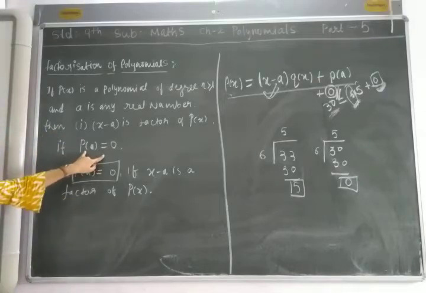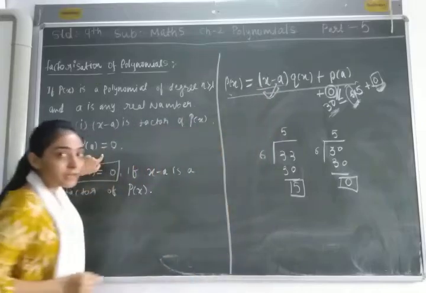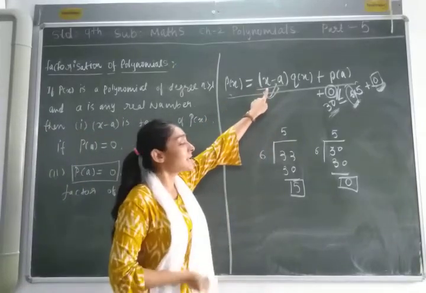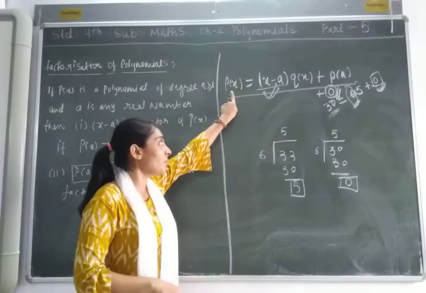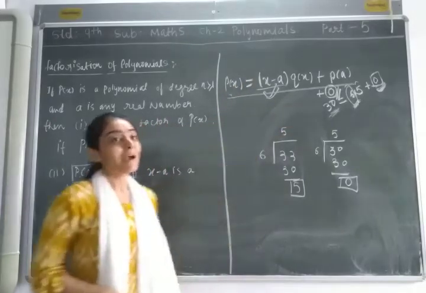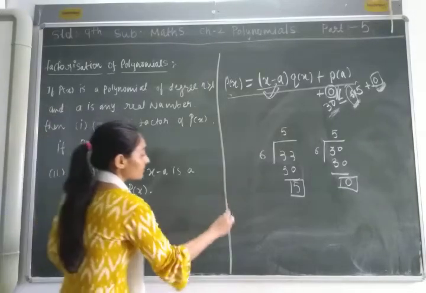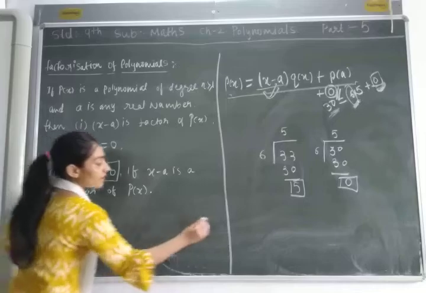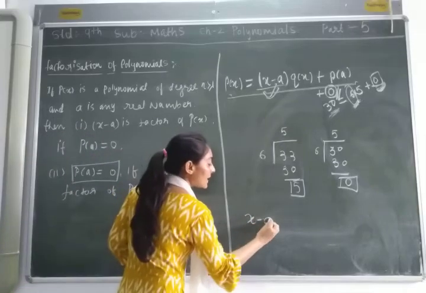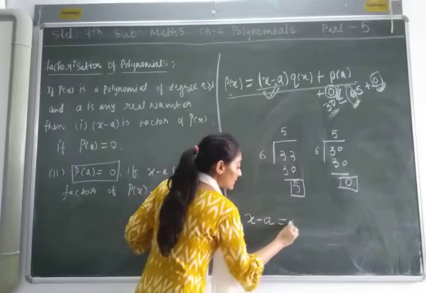If my remainder is 0, I am getting x minus a as my factor. If x minus a is one of the factors of p of x, then I am getting my remainder 0. Why am I getting my remainder 0? Because we know that if x minus a is a factor, then we can write it this way.